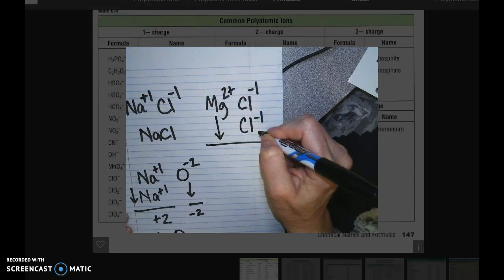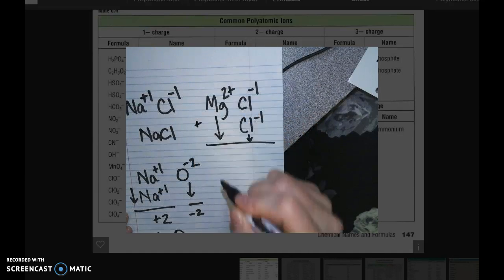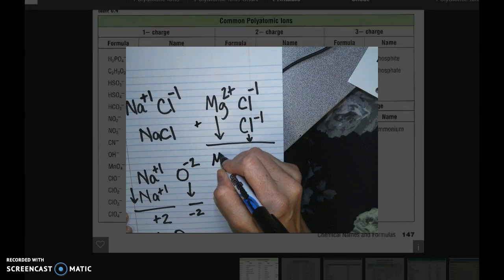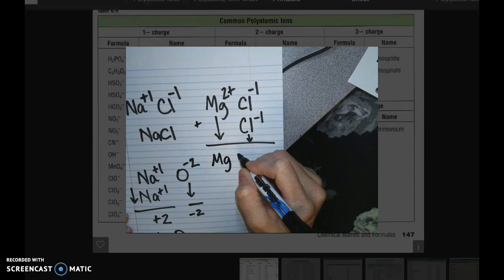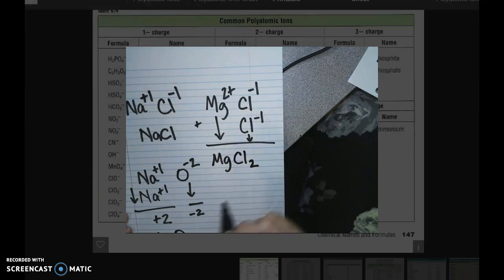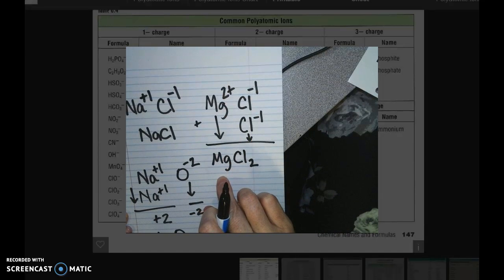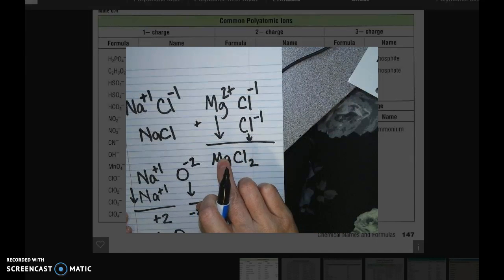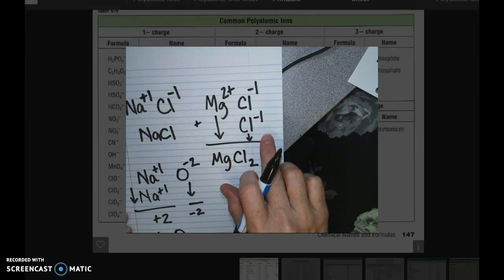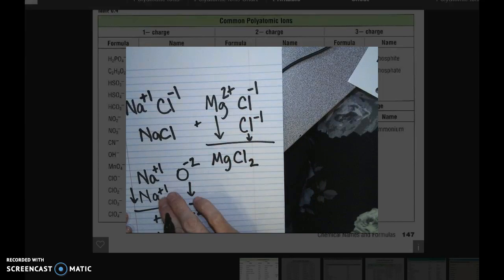Again, add down the columns. And you end up with magnesium and 2 chlorines, magnesium chloride. The charge never makes its way down here, guys. Okay? The charge doesn't make its way down here. It is how many of them. It stands for how many of them there are.